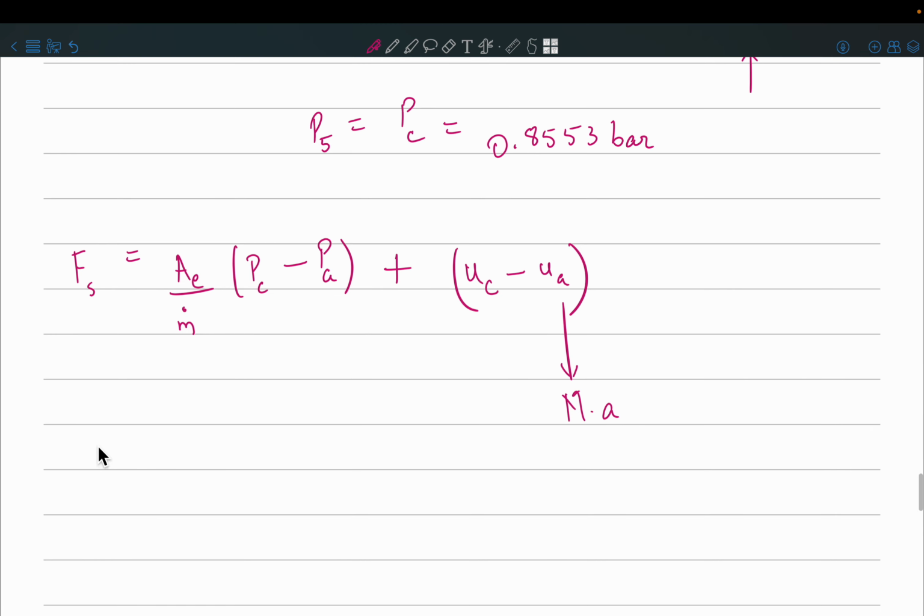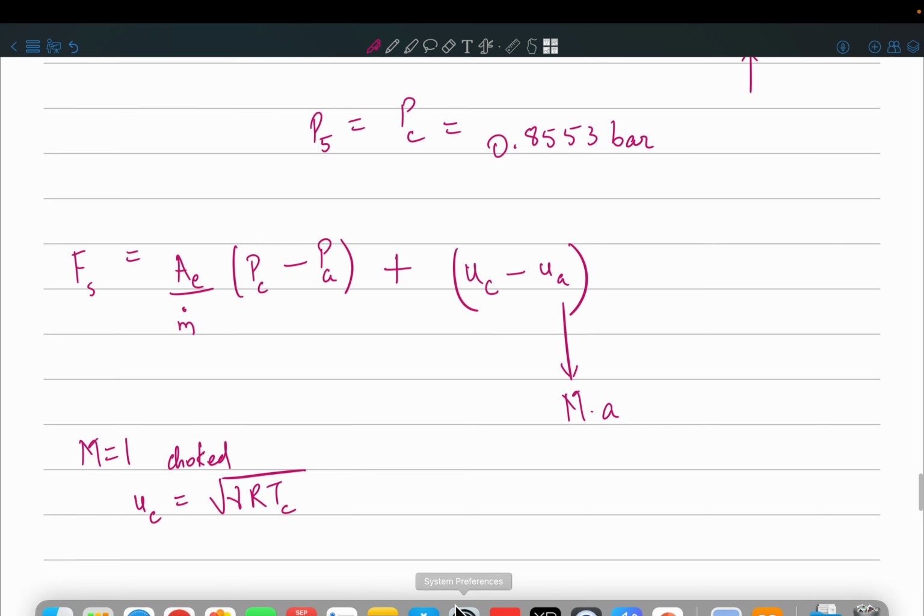We can use this formula, right? So we know the Mach number is going to be equal to 1 under the choked condition. So Mach number is 1, that means UC is equal to under root gamma R TC, which is nothing but the speed of sound.